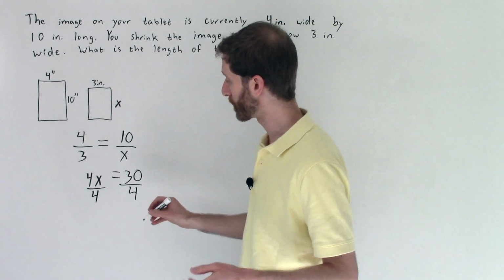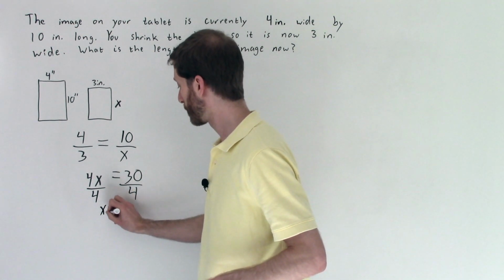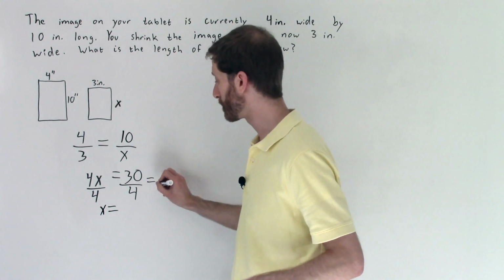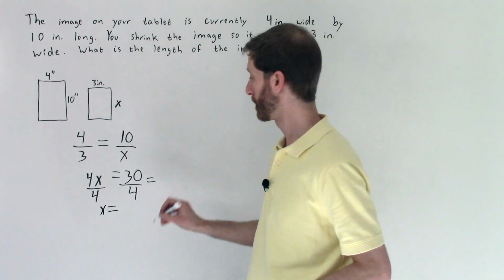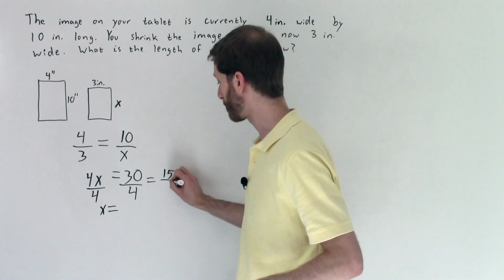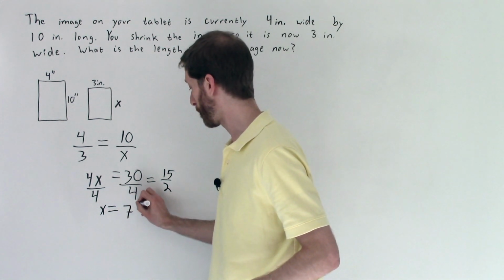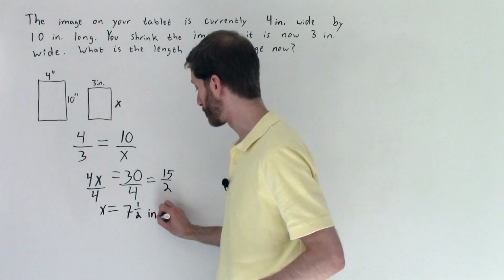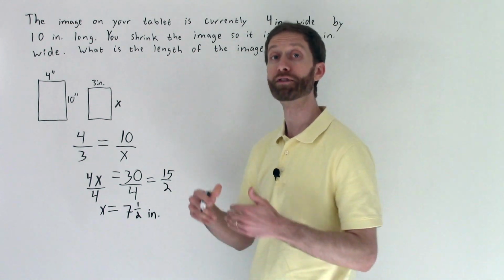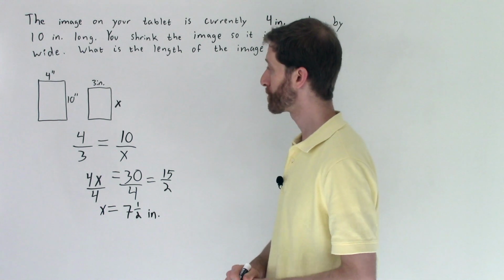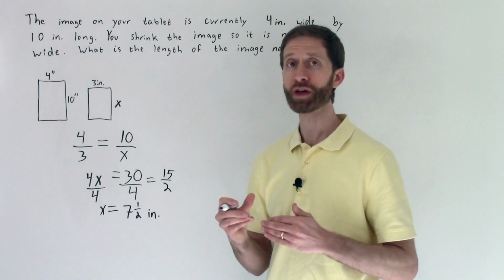And what I'm left with when I solve that out, I have x is equal to 30/4, which does break down if you divide numerator and denominator by 2 into 15/2. So as a mixed number, that would be 7 1/2 inches. So the length of the new image, or the current image, is now 7.5 inches. All right, that's how we do that part of the problem.